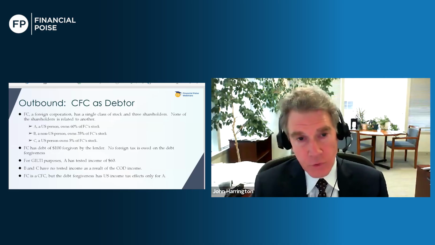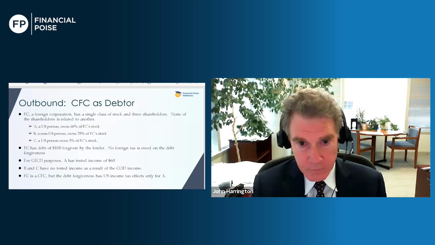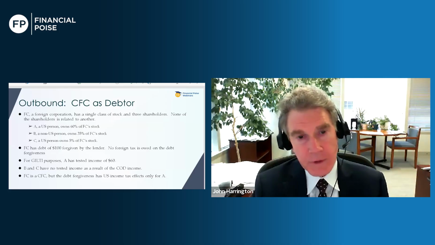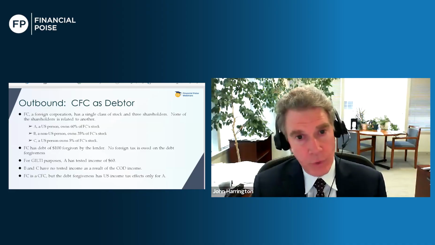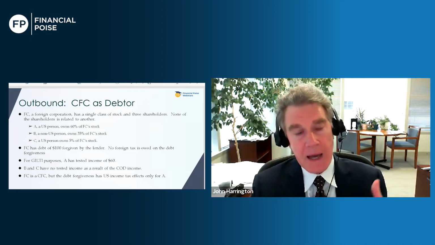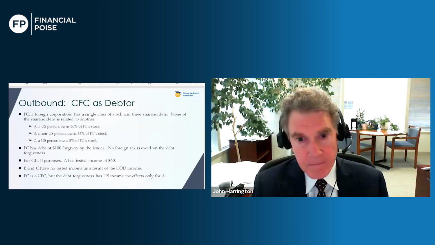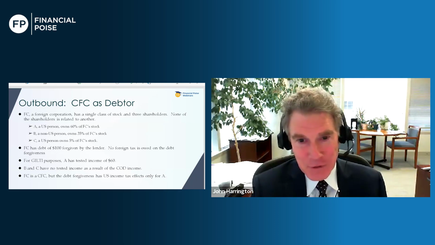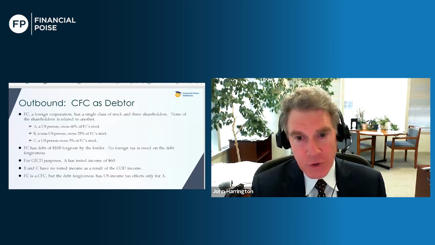But because we have a U.S. person here, A, who owns more than 50% of the shares of the foreign corporation, it's a controlled foreign corporation. So we have to look at the impact on its shareholders. And for GILTI, again, for 2025, net CFC tested income in the future, there's $100 worth of income.